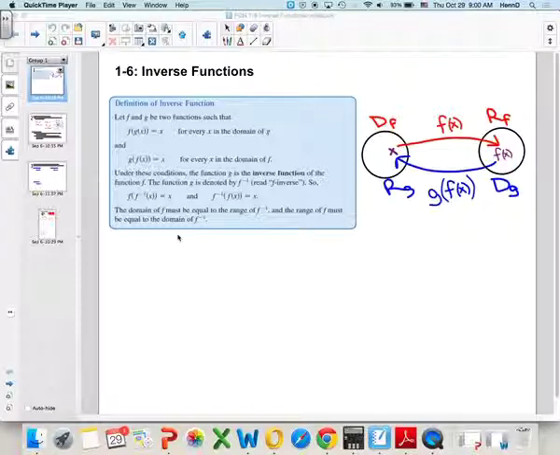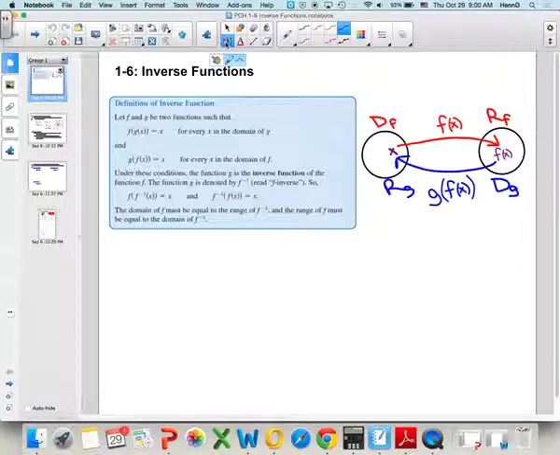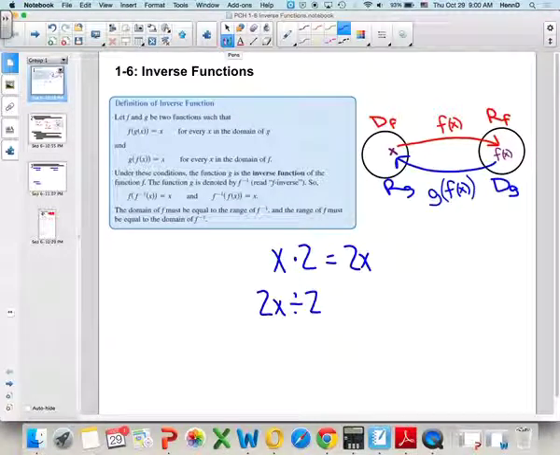So when you multiplied by 2, and then you took that result and you divided by 2, you got back to the original value. We started with an x, we end with an x, and that's because multiplying by 2 and dividing by 2 are inverse operations. We could also look at those in the sense of inverse functions.